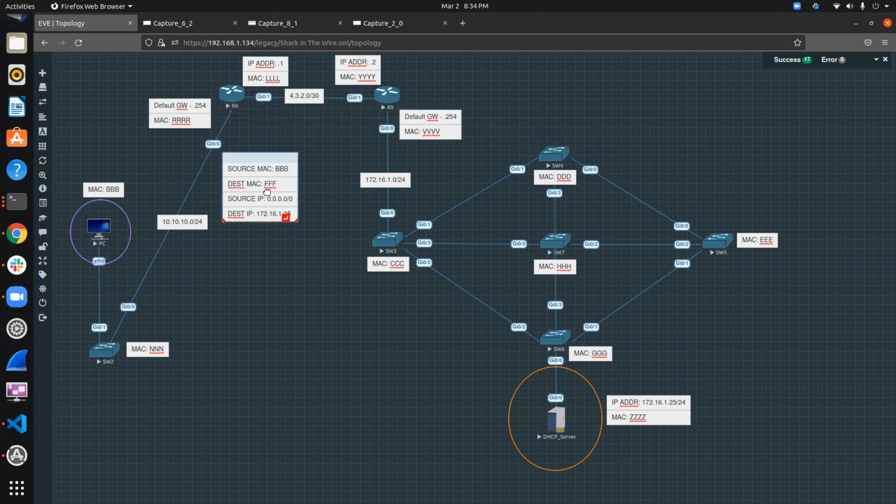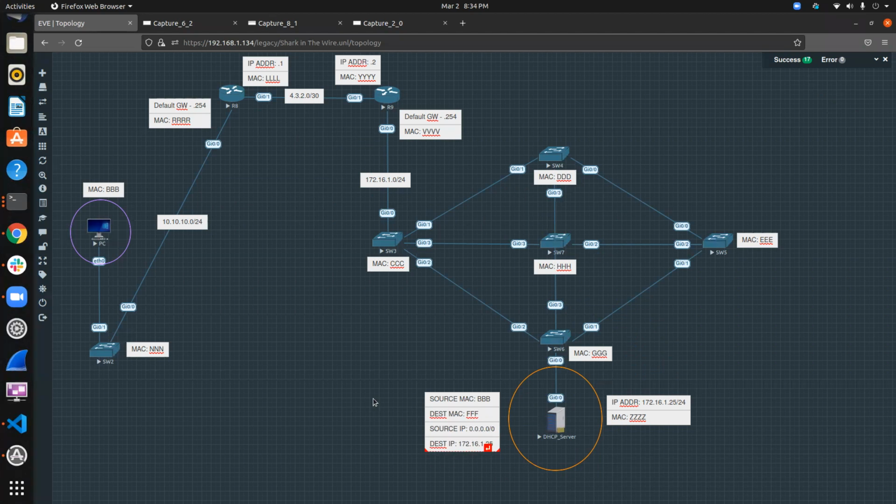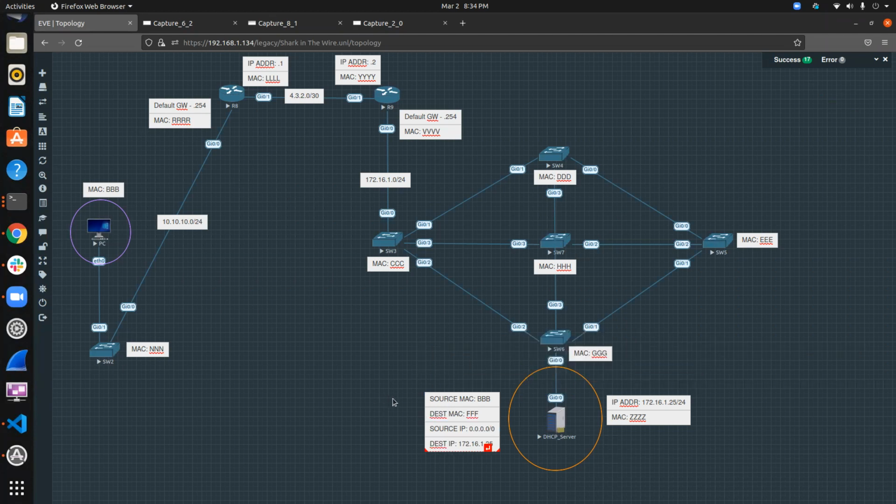Okay, so it's sending it. Let's say it does send it to the DHCP server, and the DHCP server does get it and accepts it. How does the DHCP server know where to send it back to? Can it send it back to an unknown IP address? No, it has to know. It has to be something tagged inside the packet or the frame so that it knows where to go back to.